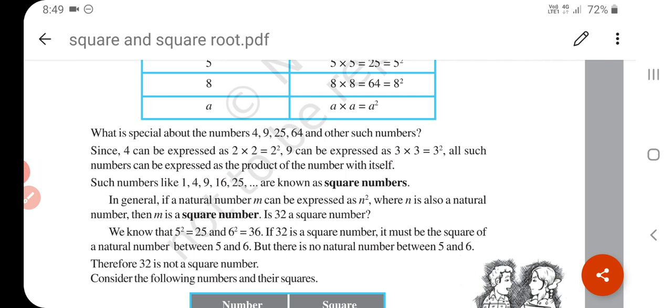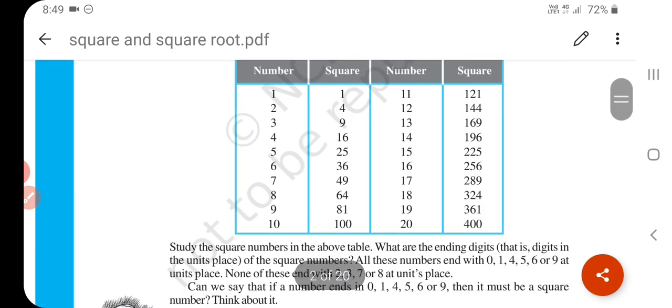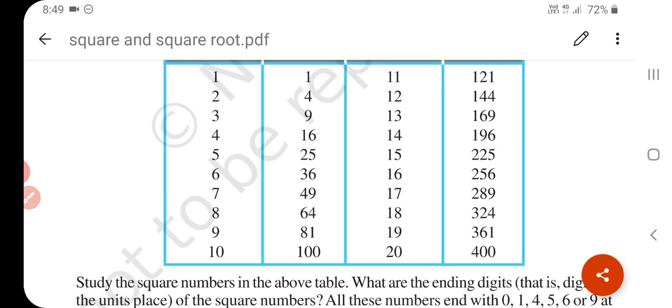If you square the numbers 1 to 20, or 1 to 10, in your book on the next page the squares of 1 to 20 are given.